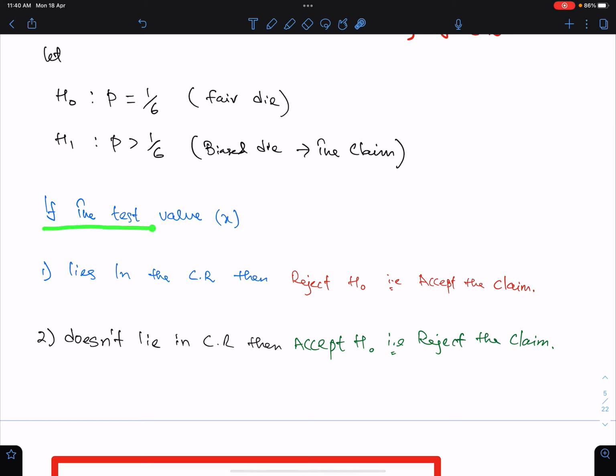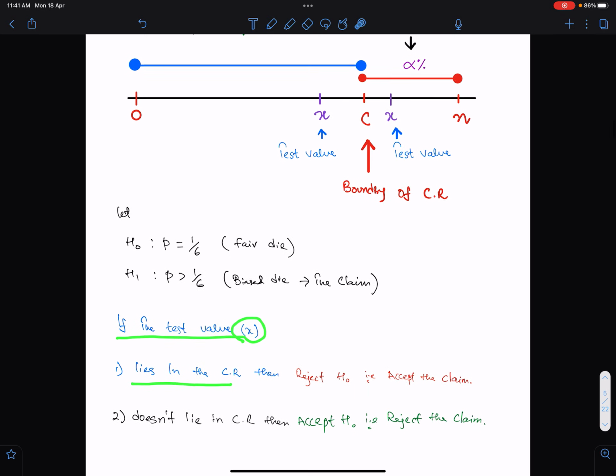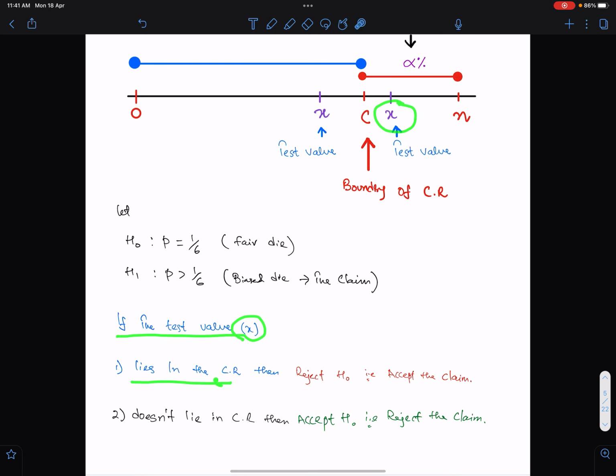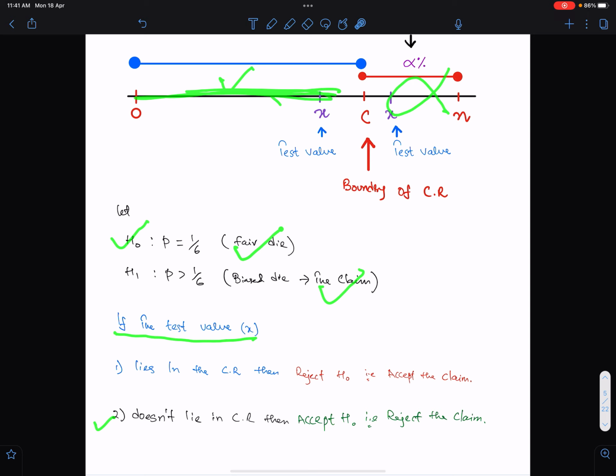Number one, if the test value X lies in the critical region, here, then we reject H0 and we accept the claim, and we will conclude that the die is biased. And the second possible decision is, if the test value X does not lie in this region, means it lies here in this region, then accept H0 and reject the claim and conclude that the die is fair.